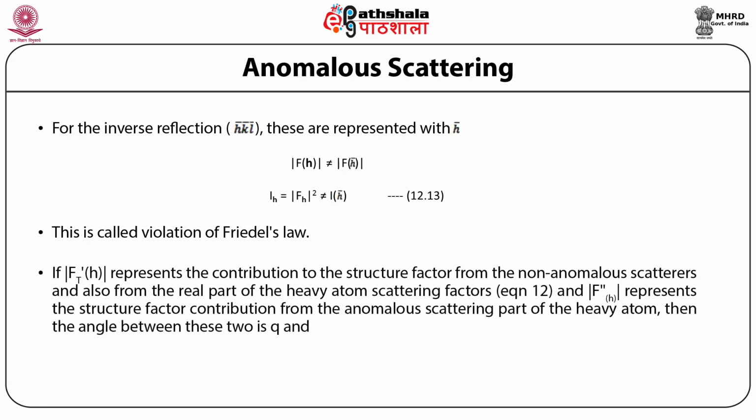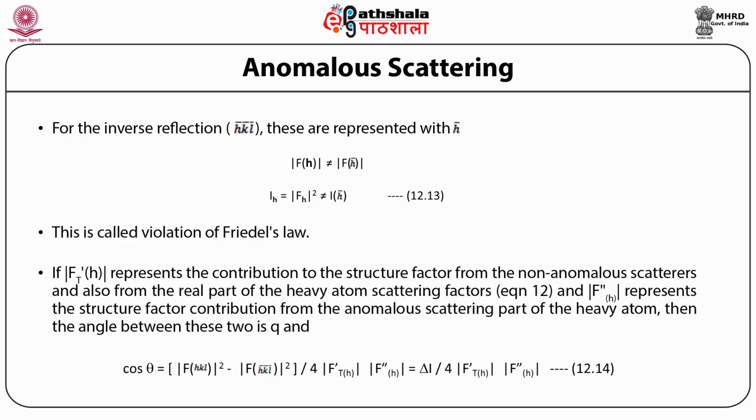Now if mod F_T prime of h represents the contribution to the structure factor from the non-anomalous scatterers and also from the real part of the heavy atom scattering factors, that is why we call it a total, and if mod F double prime of h represents the structure factor contribution from the anomalous scattering part of the heavy atom, then the angle between these two is called theta, and there is a formula for finding cosine of this angle.